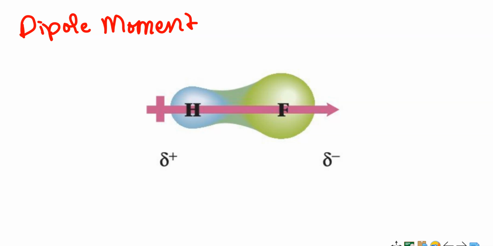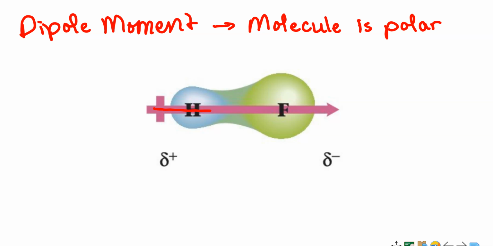A dipole moment is when a molecule is polar. Okay. This arrow right here shows us the direction the electrons are being pulled. And this little plus sign corresponds to the partial positive side. The arrow corresponds to the partial negative side.